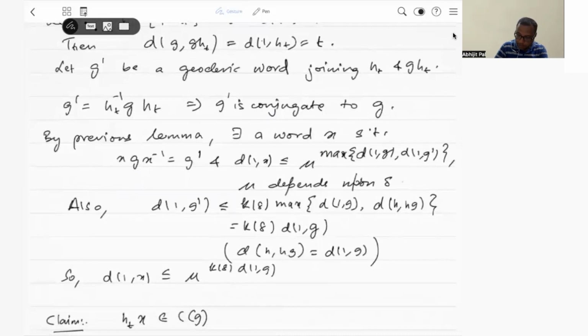And now observe that the distance between 1 and g' is less than or equal to K delta times the maximum of the distance between 1 and g and the distance between h and hg. Again, this is coming from the previous lemma.